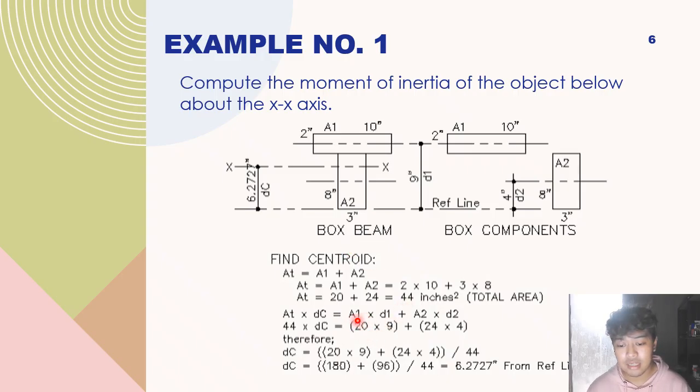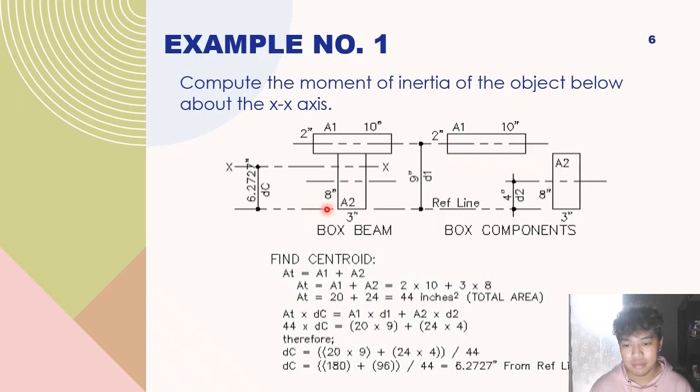That is equal to the summation of the area of each shape times the perpendicular distance of the centroid of that shape. So we have area 1 times d1 plus area 2 times d2. We have our total area, 44 square inches, times the distance from this point to this point, which is equal to the first area, 20 square inches, times 9.